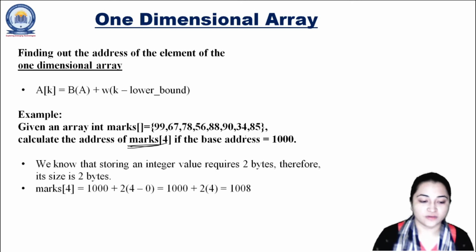Fine. So we can calculate the address of element of one-dimensional array by putting all the values in the given equation. So we want to find address of the element which is present at index 4. For that we have to take base address as 1000, which is already given, size which is 2 bytes, K is the index whose element's address is to be found, which is 4.